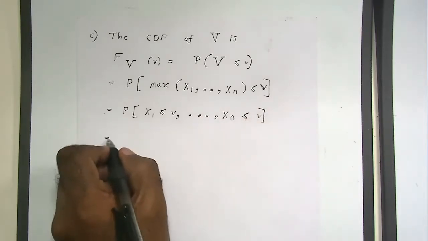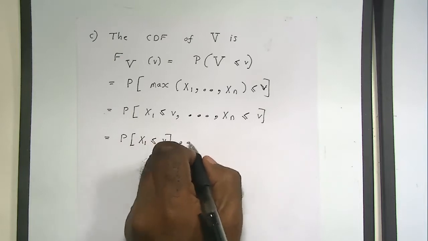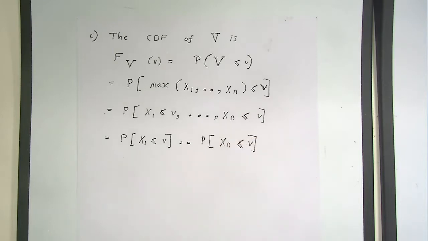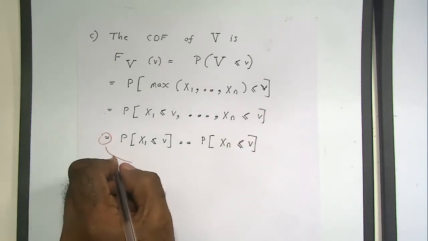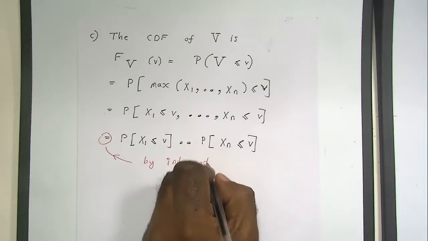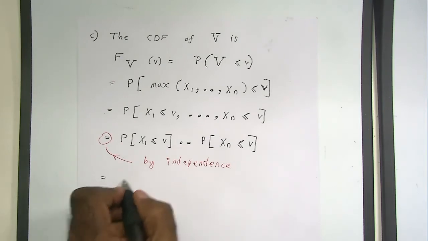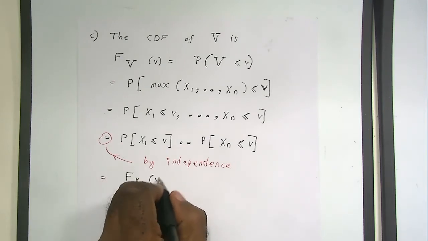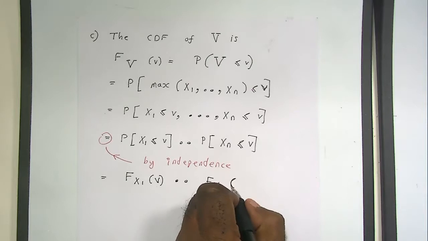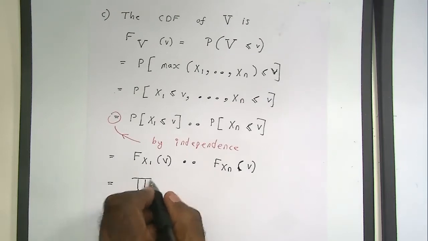Now, using independence, you can write this as the product of the CDFs: F_X1 at V multiplied up to F_Xn at V. So this will be the product over i from 1 to n.